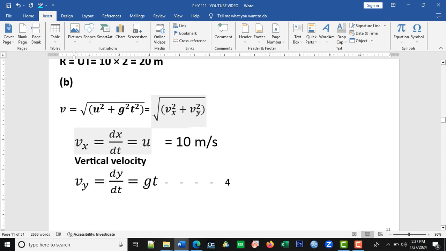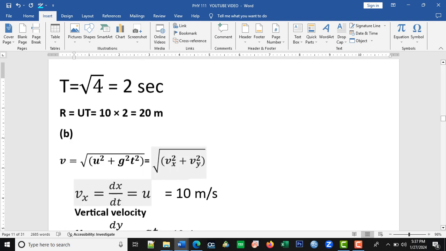And then Vy would be g times t. And the g is given to be 10 times the t. According to B, t is 1.